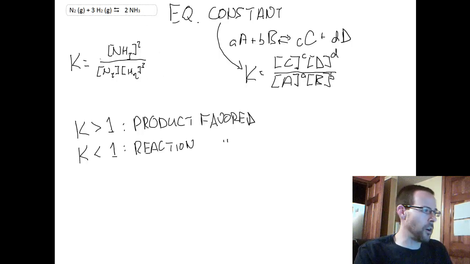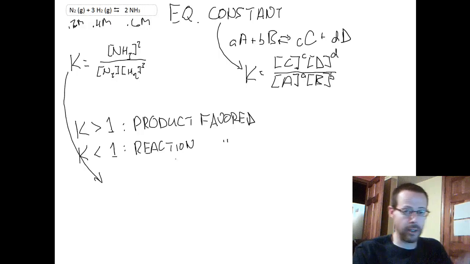If I said at equilibrium we have, and I'm just going to throw out some numbers, 0.2 molar nitrogen, 0.4 molar hydrogen, and 0.6 molar ammonia, and we wanted to find out what K was, then you could tell me whether it's product or reactant favored, or forward or reverse favored.